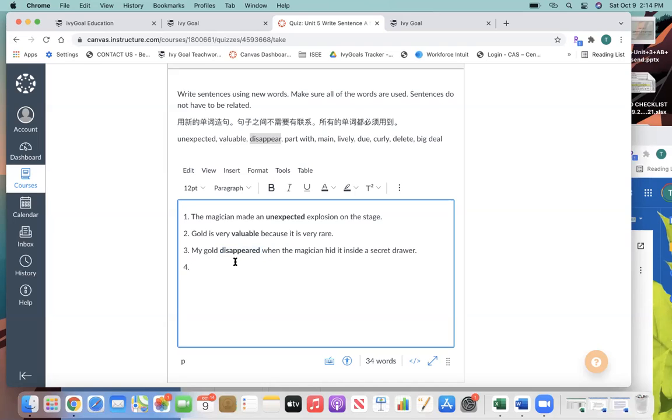Number 4. Part with. If you have to part with something, you have to do what? Leave it. Yeah, you have to leave it. So I had to part with my favorite blanket when I was younger because I couldn't fit it in my suitcase when we moved, right? So I had to leave it behind. So what might be something that you've parted with in the past?